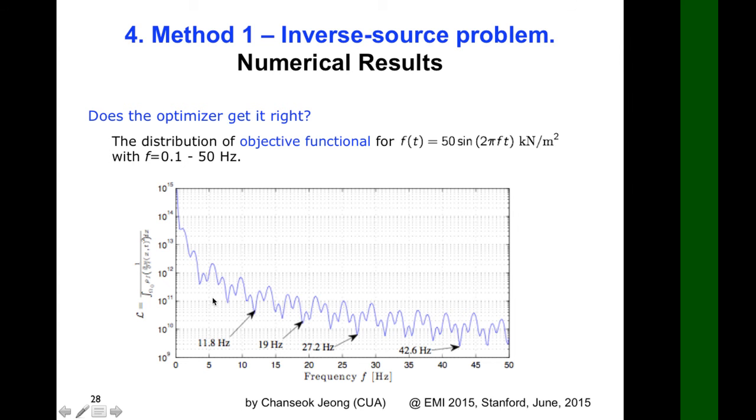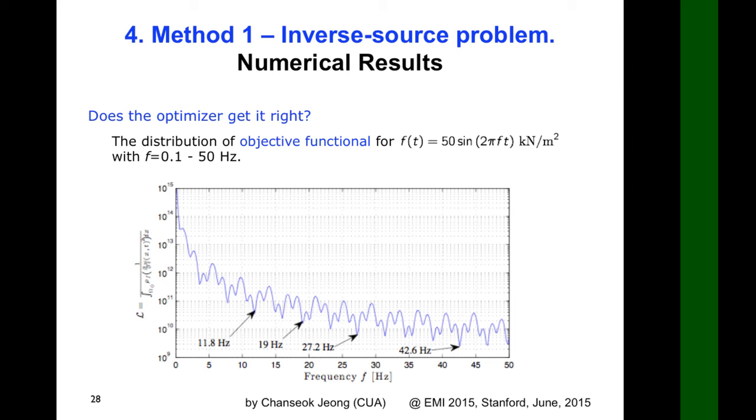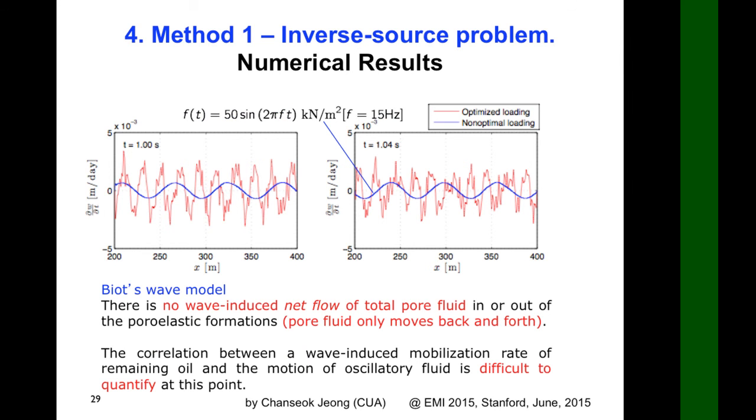As you can see, there are a lot of local minimum, and this local minimum corresponds to the dominant frequencies of optimized loading signal, meaning that our optimizers got it right in terms of finding minimum point. And this is the wave motion induced by optimized loading and non-optimized loading. Clearly, the wave motion by optimized loadings are much larger than the others.